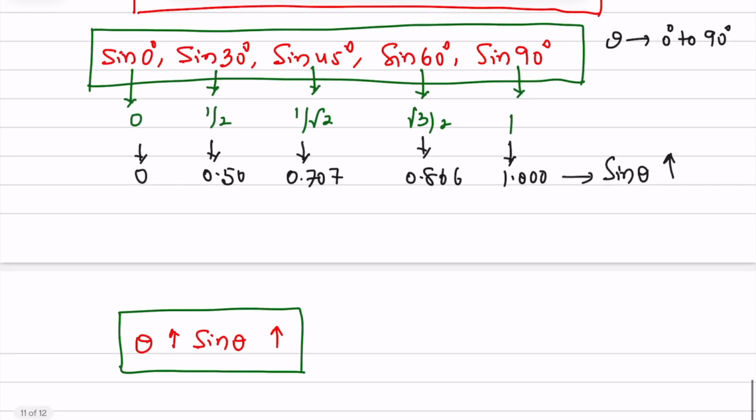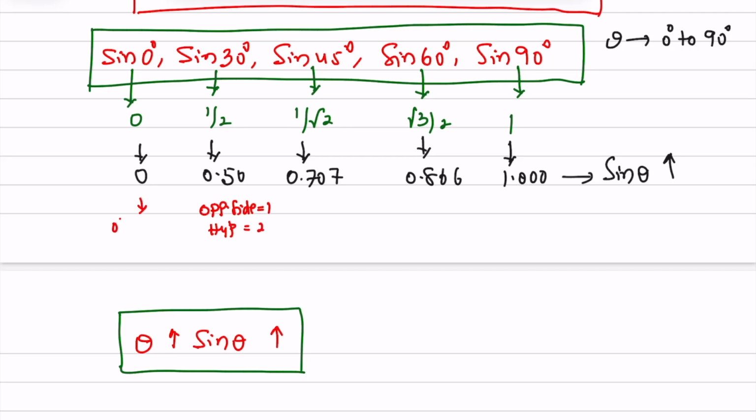Initial value is 0, sin 30 is 1 by 2, sin 45 is 1 by square root 2, sin 60 is root 3 by 2, sin 90. In case of sin 0, opposite side is 0. In case of sin 90, adjacent side is equal to 0, opposite side is equal to hypotenuse. In case of sin 30, opposite side is unity. Please remember this. Opposite side is equal to 1, hypotenuse is equal to 2.